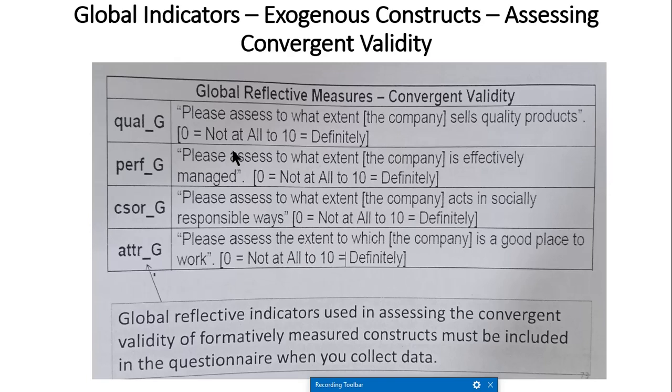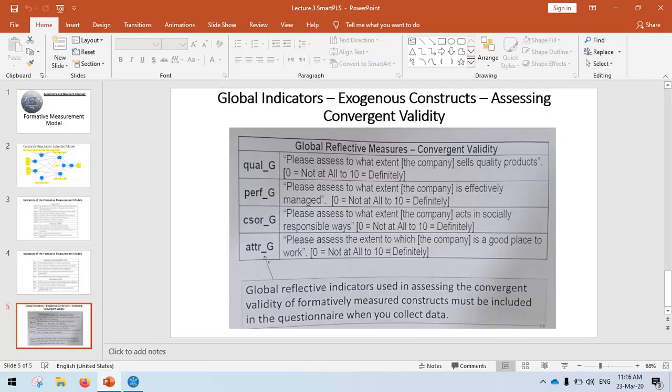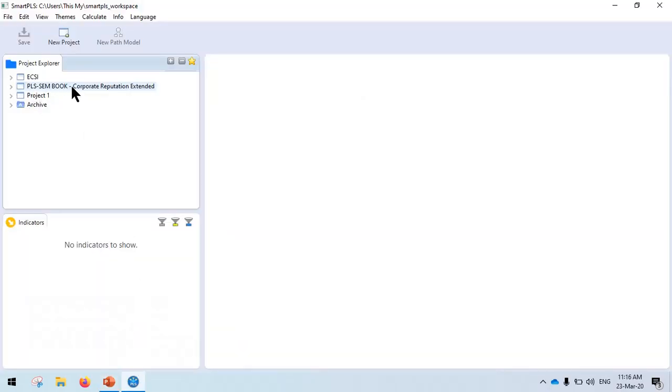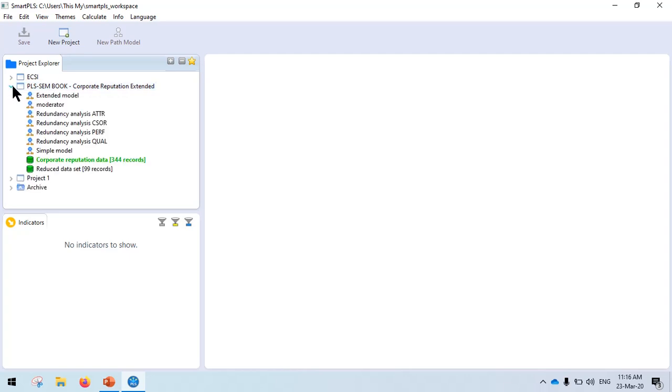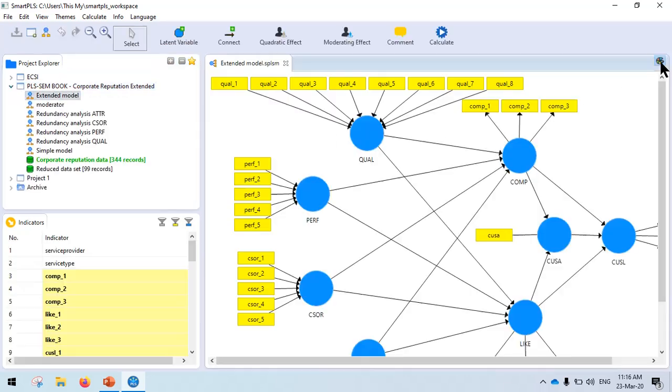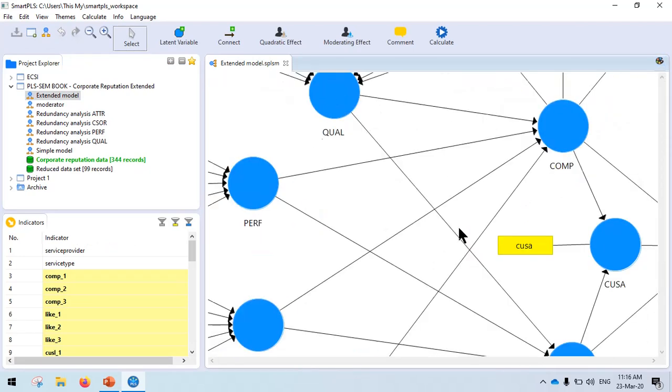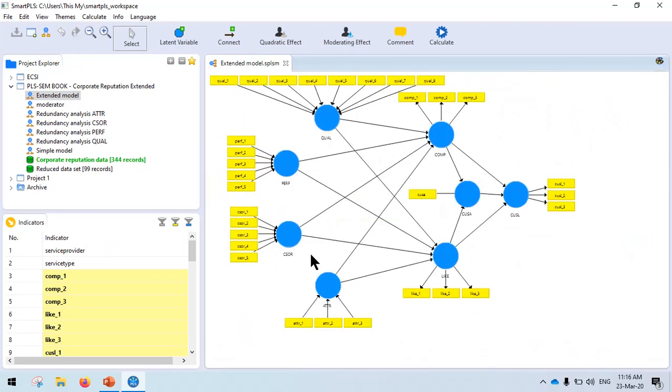So let's start, and I go to SmartPLS, and here you can see where we have the corporate reputation extended model. I click on it, and I will have the model which is similar to what I have just now discussed in the slides.